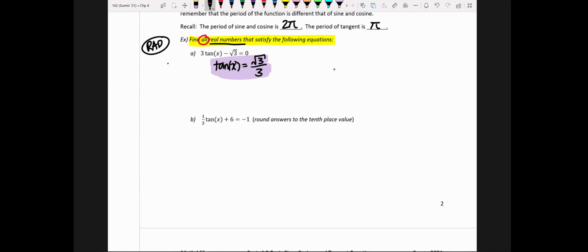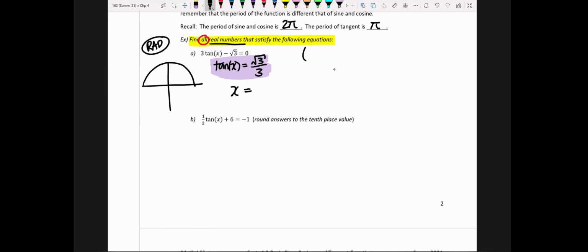Step 2, find the solutions in one period. So from 0 to pi. Okay, so from 0 to pi, tangent is root 3 over 3. Let's check that.